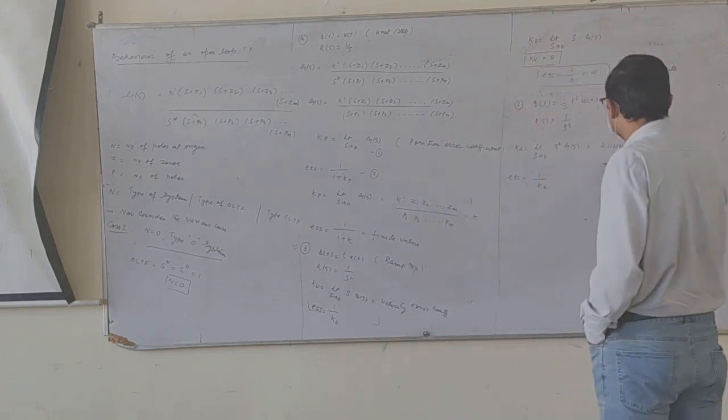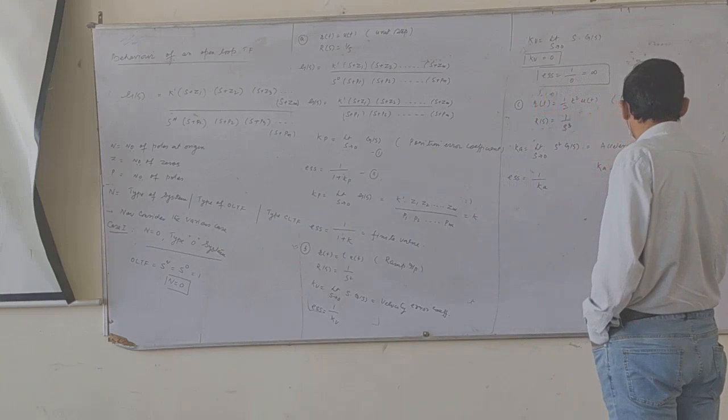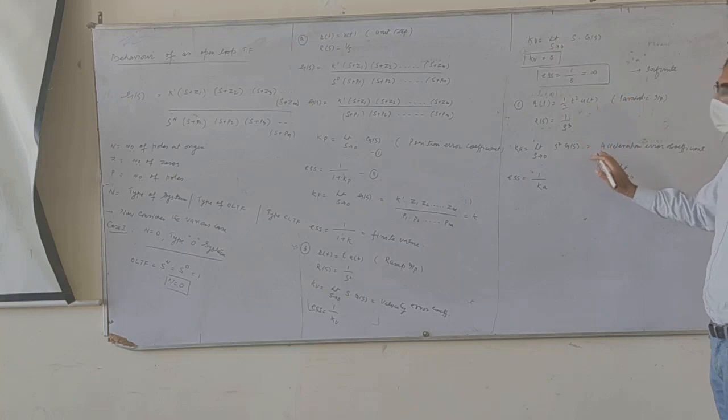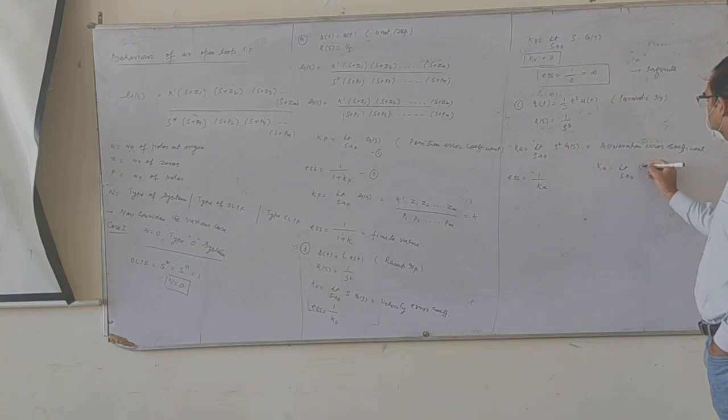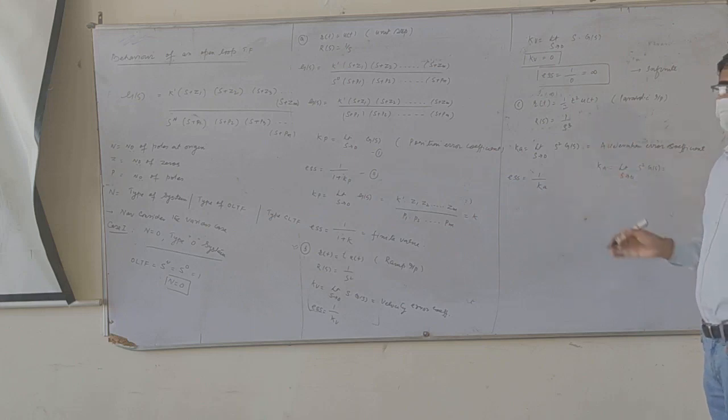Now here, Ka will be limit s tends to 0, and whatever the value of g of s is there, s square will be multiplied by that. I think there is no need to write it, it will come below.